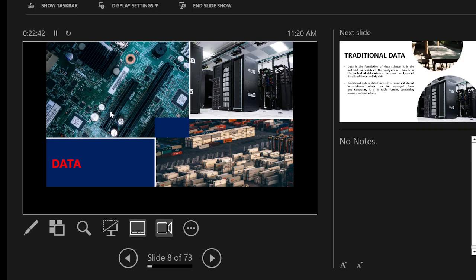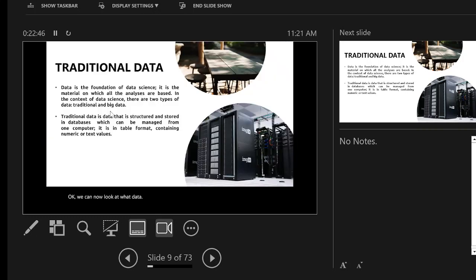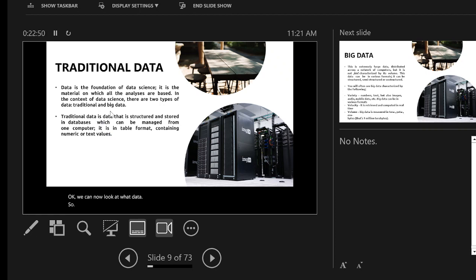Okay, we can now look at what we call data. I want us to look at data based on two aspects. One, the traditional data and the modern data, which we call big data.